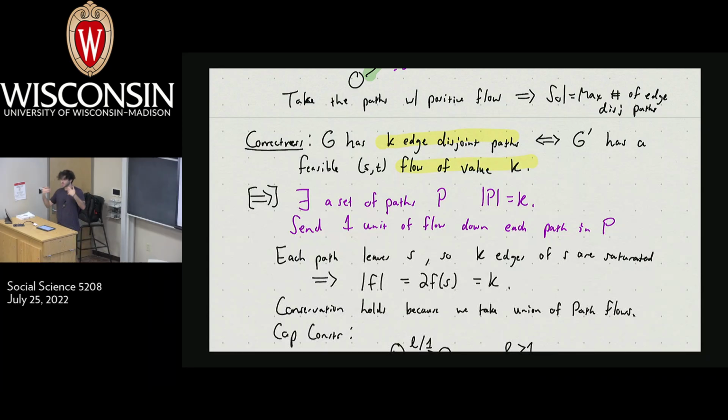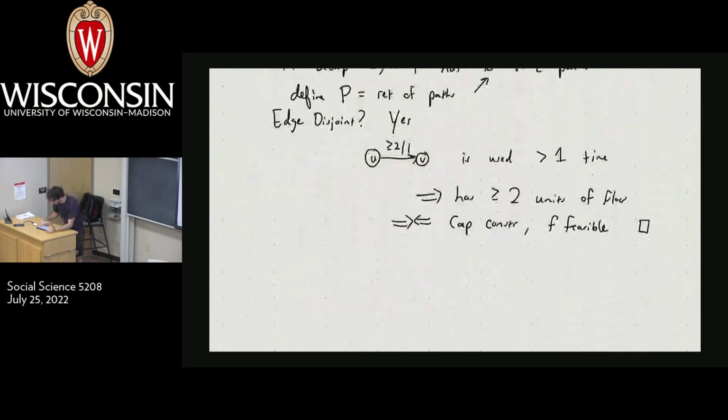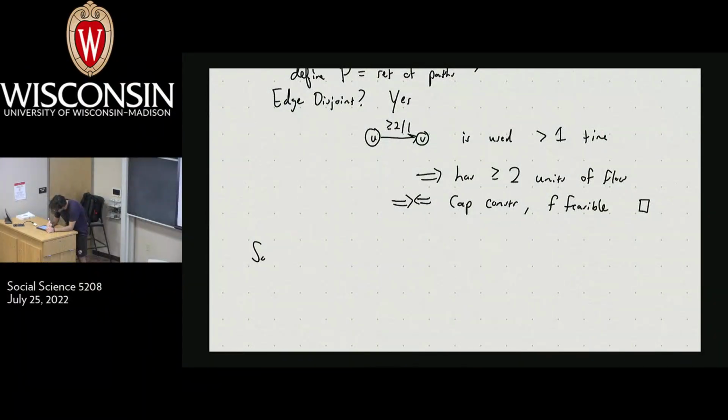And so if we get the maximum flow value, that will give us the maximum number of disjoint paths. And so solving max flow on G prime gives us a max set of edge disjoint paths in G.